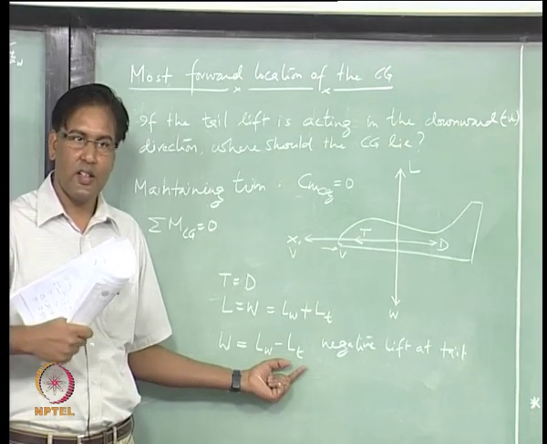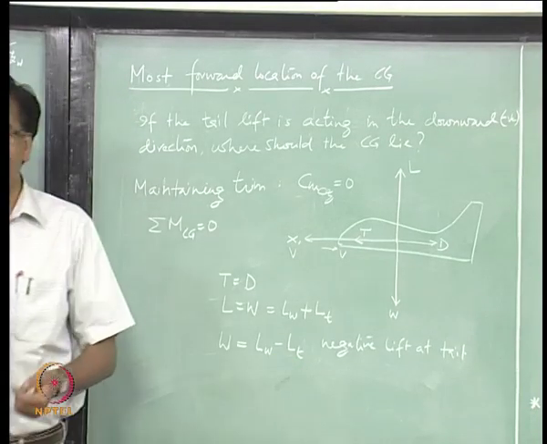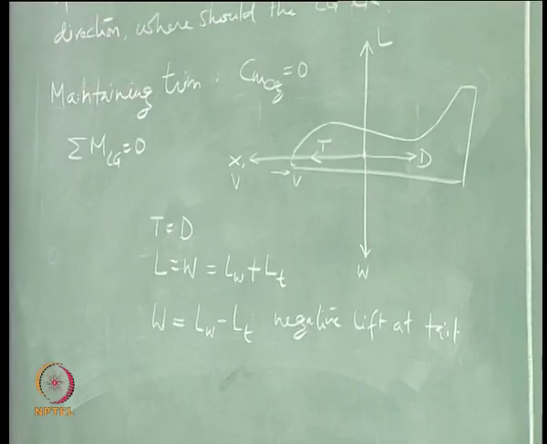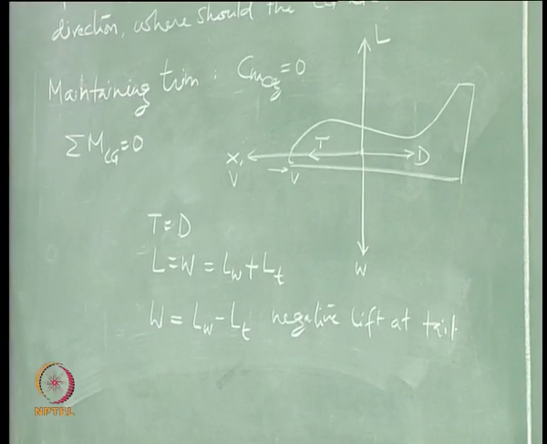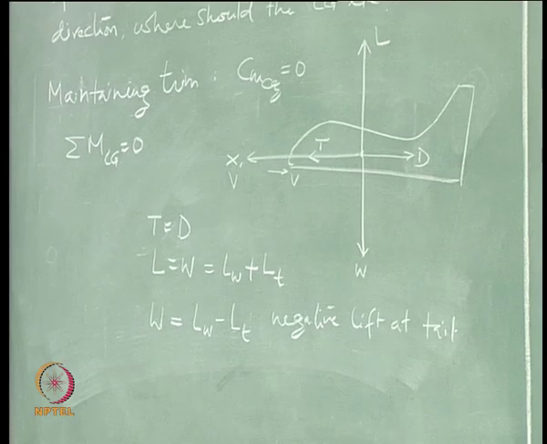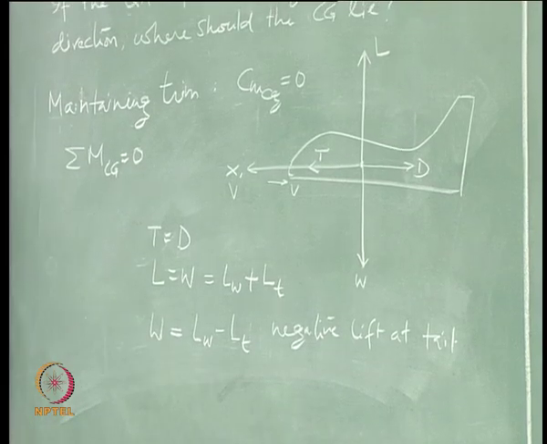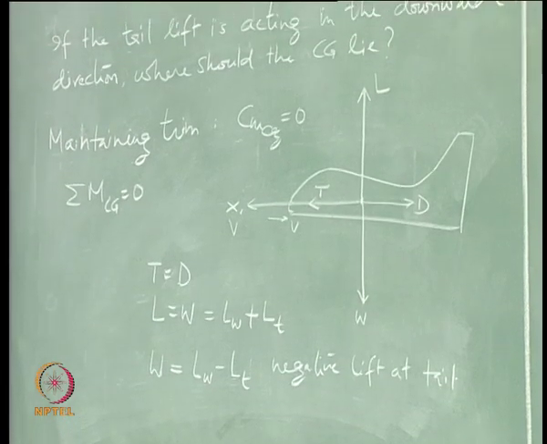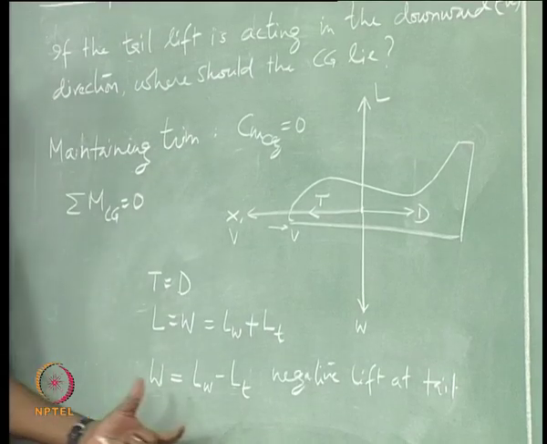So, this negative L_T max is going to depend upon how much maximum elevator deflection you can have in the upward direction, right. Is it all right?